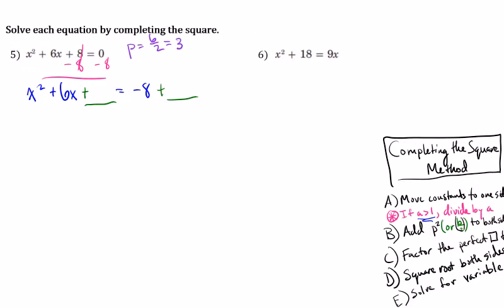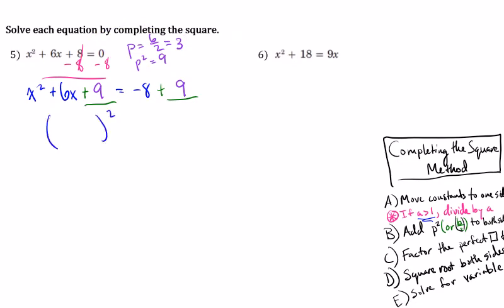So p squared is 3 squared, which is 9. So I'm going to put 9 here and 9 here. I took half of this and squared it, and that's how I got that. You don't have to do all this work on paper, but just to make sure we're all on the same page, I wanted to show it.